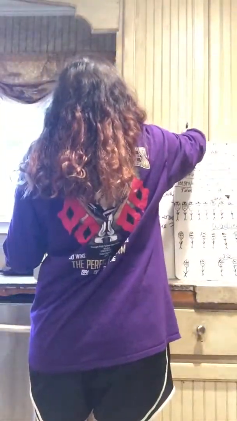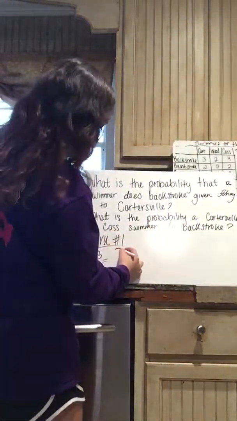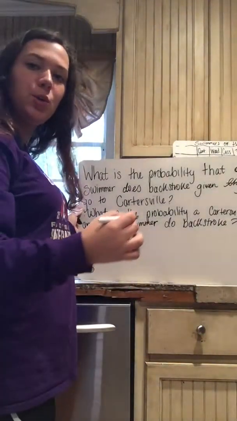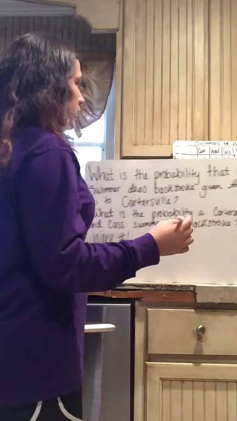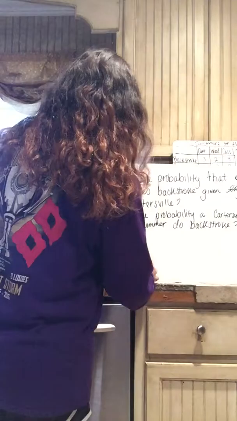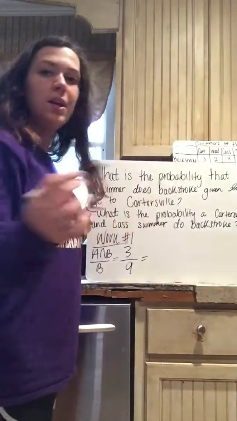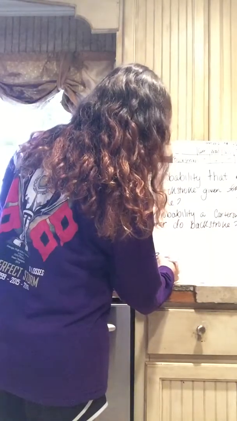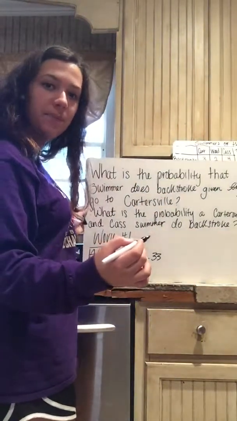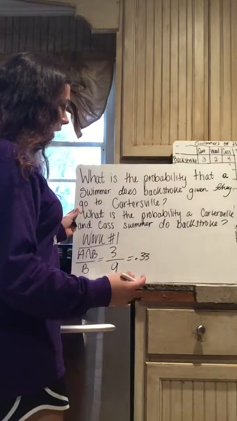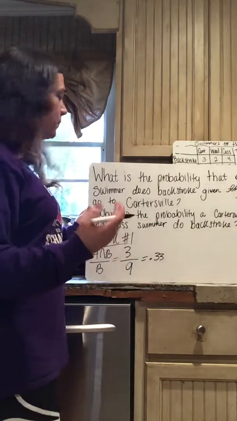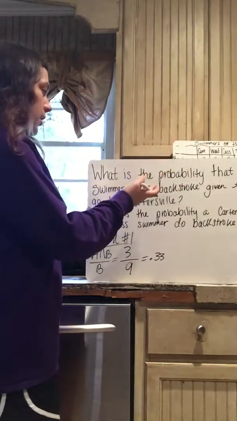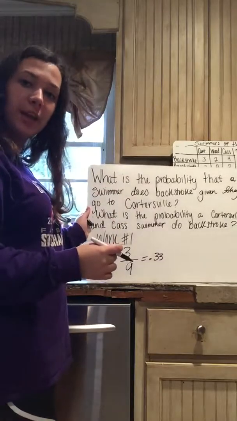So your number would be 3 on the top. And then your B is going to be the total, which would be 9. When you do that, you get the number 0.33. So that is going to be our probability that a swimmer does backstroke given that they go to Cartersville.